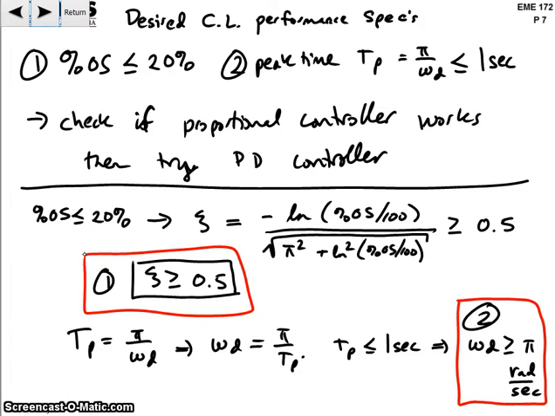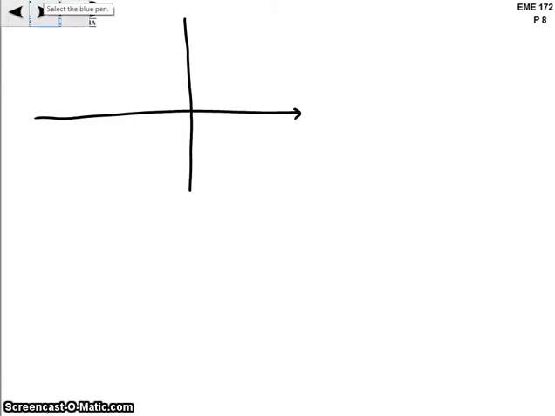Now I can plot these in the S-plane, and this will tell me where the poles can be in order to meet the specs. So here's my complex plane, and I'll draw a line for the peak time.